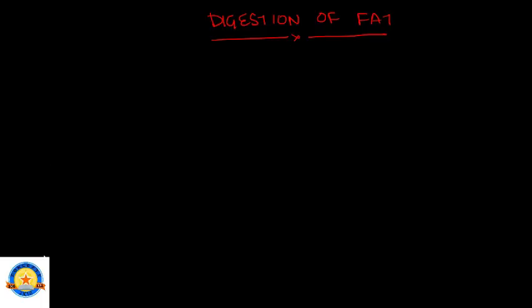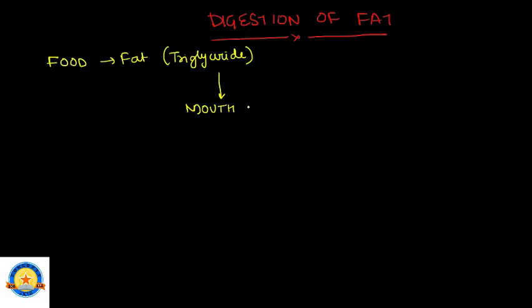First of all, in the food, what is present? Fat. What is the chemical? Triglyceride. Okay. Where does the first digestion occur? Is it in the mouth? No. Next.